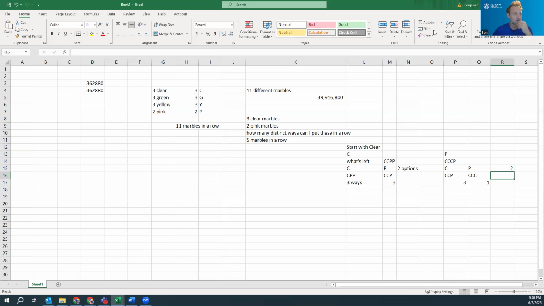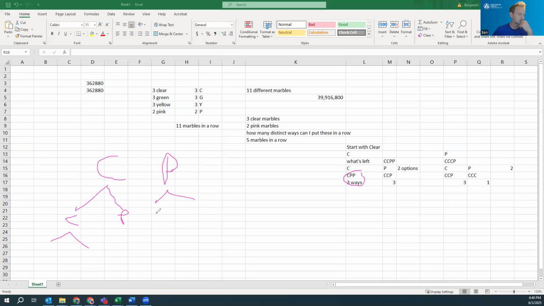I think part of what I'm sort of struggling with is how to use Excel to do this. This is like a better tree diagram where I can start with a clear or a pink, and then from there I can have another clear or a pink, and then from there I have 3 options, which is this. That's what I was representing here.